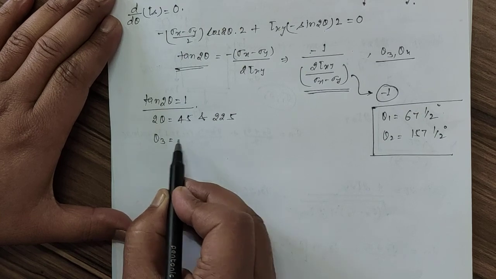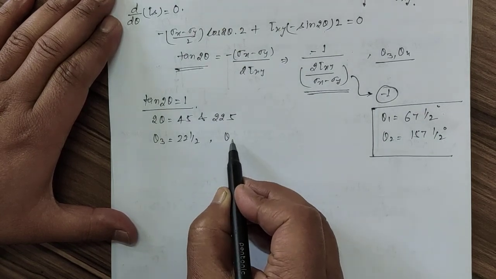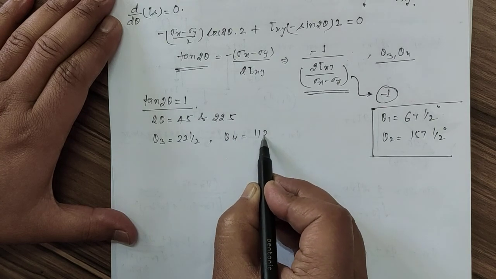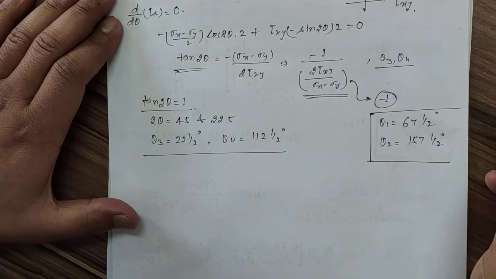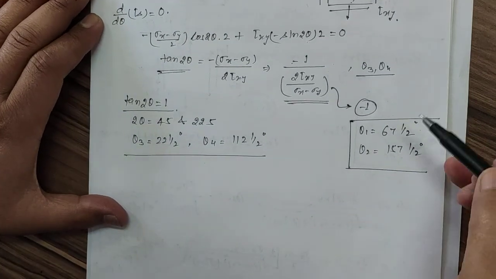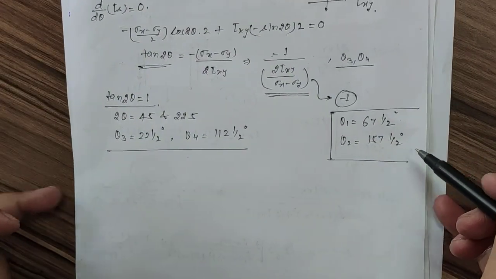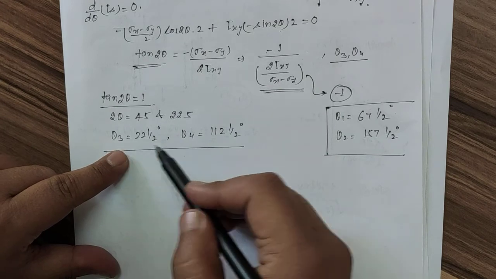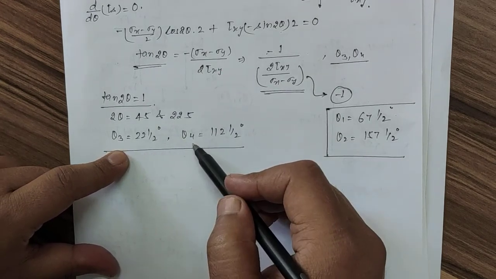So theta 3 is coming out to be 22.5 and theta 4 is coming out to be 112.5. From here we can observe that theta 3 and theta 4 are having 90 degree angle.